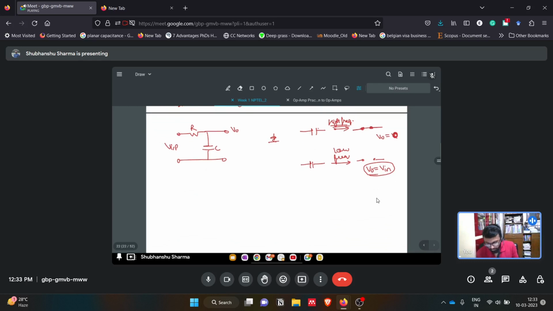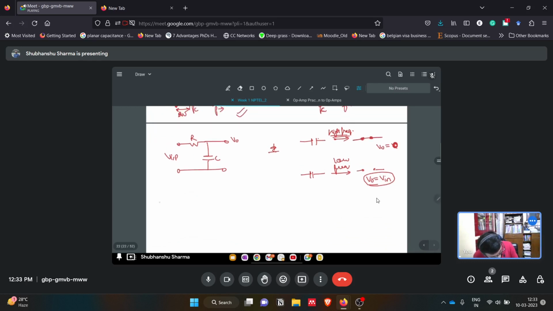Now if we want to realize this using an op amp, we will build a first order low pass filter.